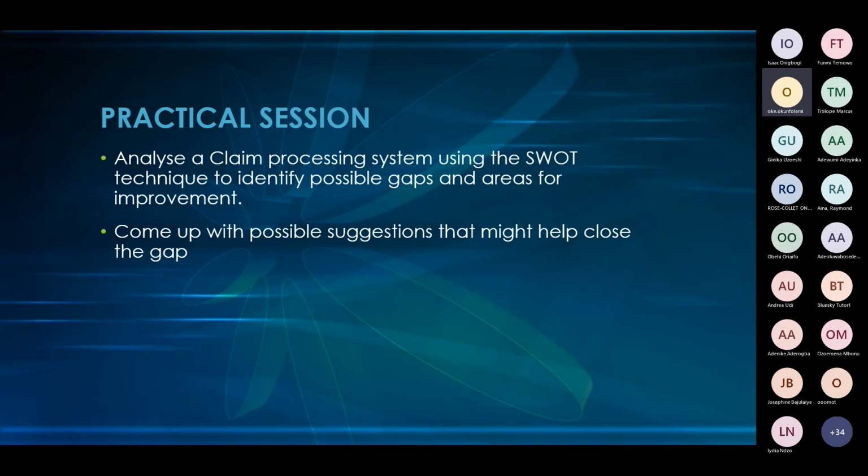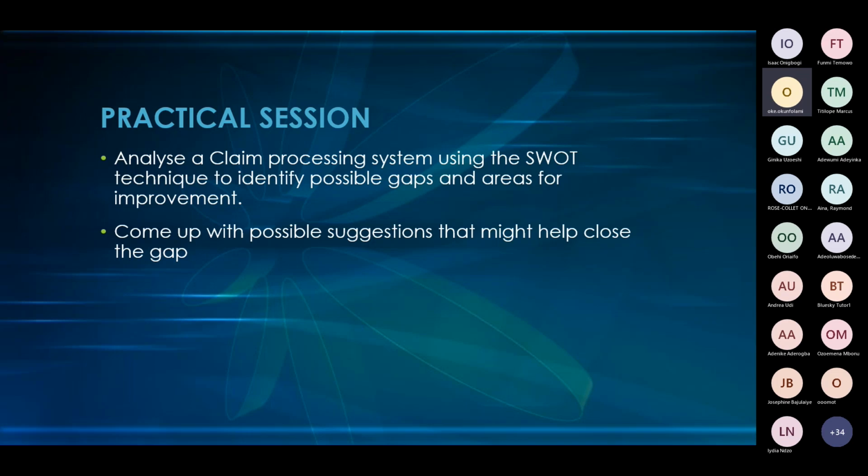Okay, so I've taken the liberty of creating a scenario, a claim processing scenario. I created it so that it will be simple enough for us to analyze, and we're going to use SWOT. SWOT might not be the only thing we use.